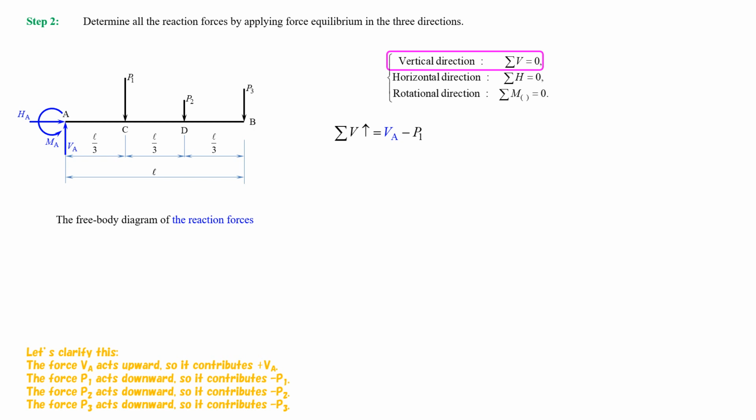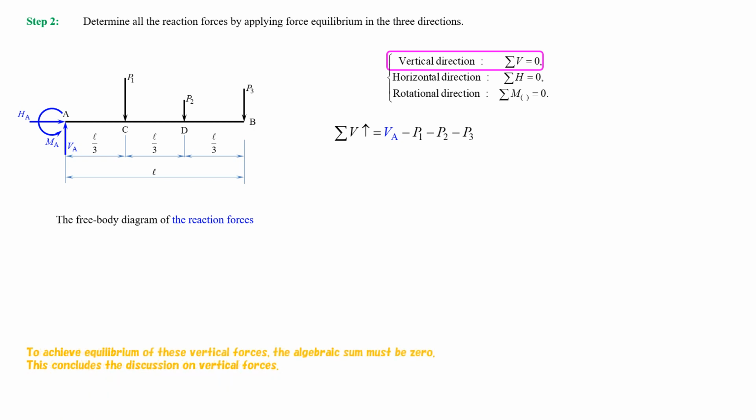The force P2 acts downward, so it contributes minus P2. The force P3 acts downward, so it contributes minus P3. To achieve equilibrium of these vertical forces, the algebraic sum must be 0. This concludes the discussion on vertical forces.